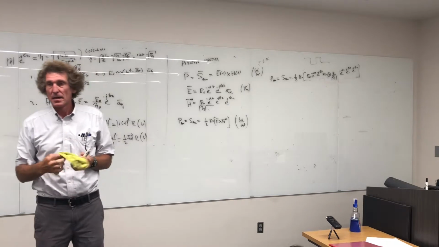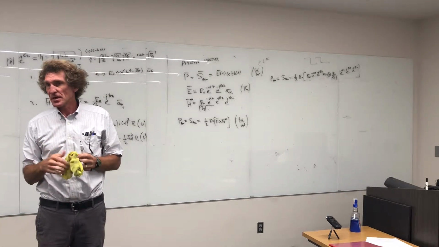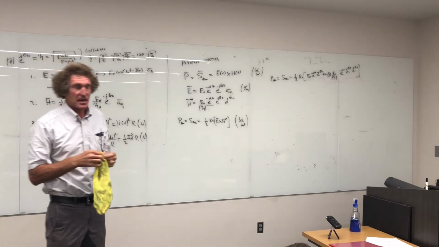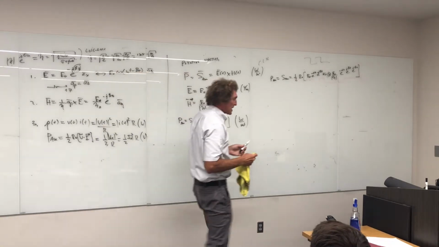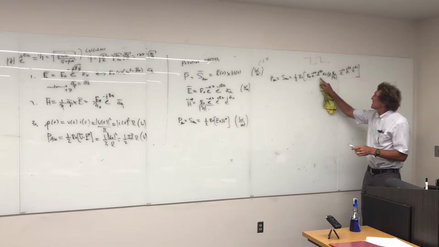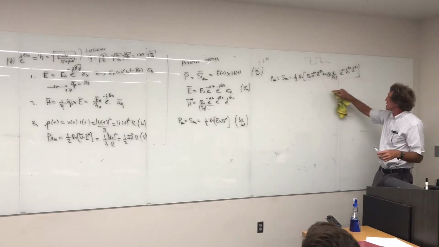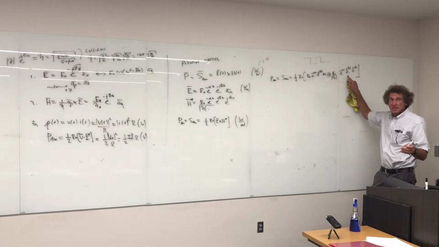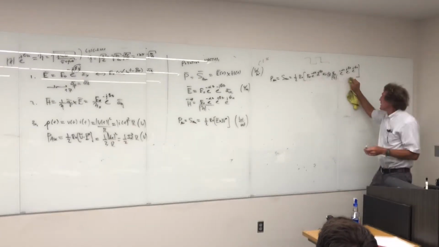Got me? Now watch, you'll see how a lot of stuff disappears in a second. In order to get rid of the complexity, first you see how e to the minus J beta Z times e to the plus J beta Z gives you 1. You all agree with that? Class, right? So I want to get rid of that.